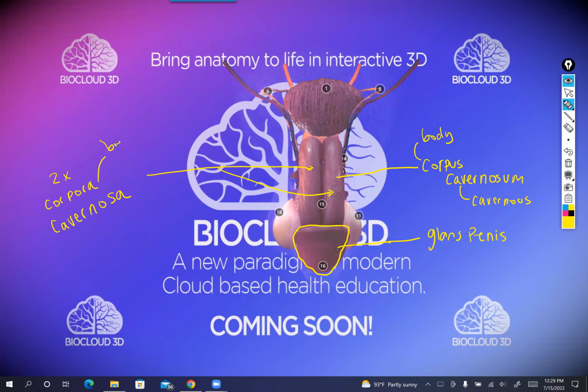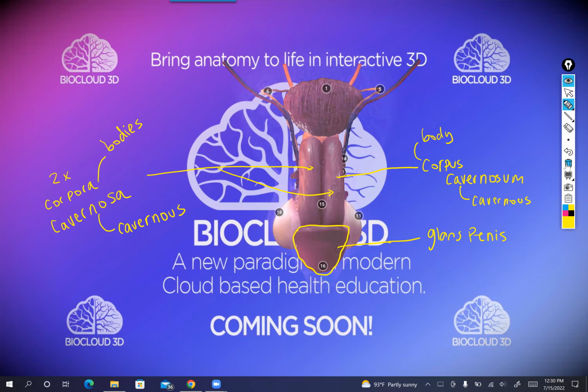So this means bodies, and then cavernous, but conjugated for plurality. The bodies cavernous. So that's how to make sense of that terminology. Getting used to Latin pluralizations takes a little bit of elbow grease, but it is super achievable. So I believe you can do it.